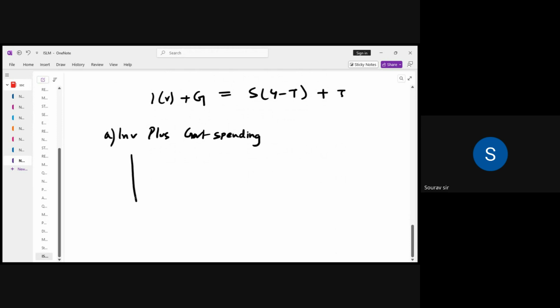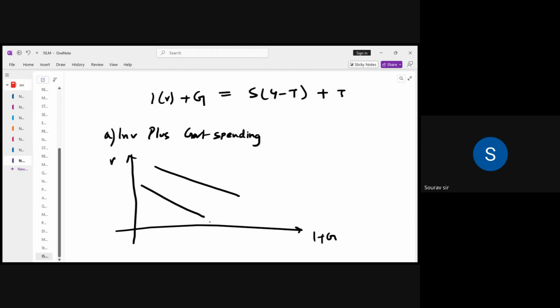So here I(r) + G0, not I(r) + G1. Here it shifts as the rate changes, so R0, R1. So that is I0 + G0, I1 + G1. This is investment plus government spending.